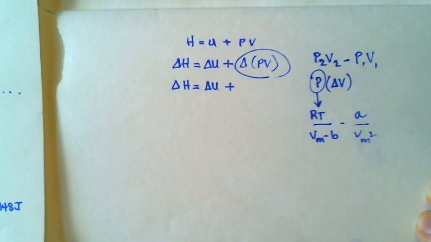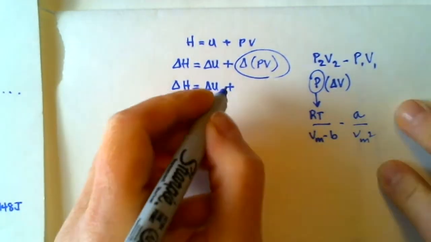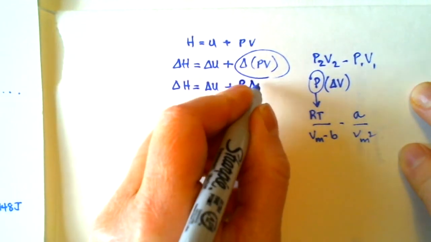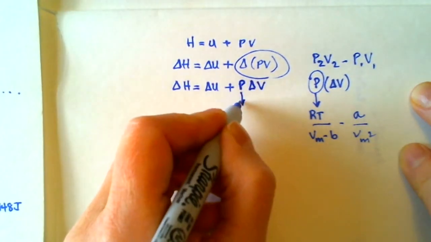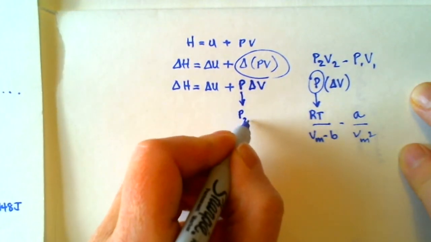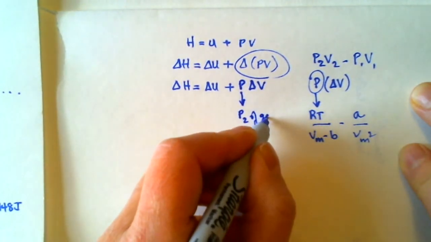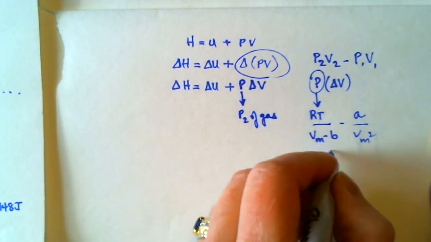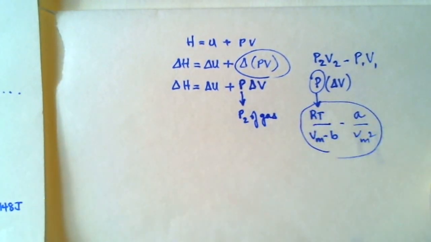It's the same, isn't it? Okay, so this is P delta V, where that P is the P2 of the gas, which we just said was equal to this guy for the second equilibrium state, the final state.